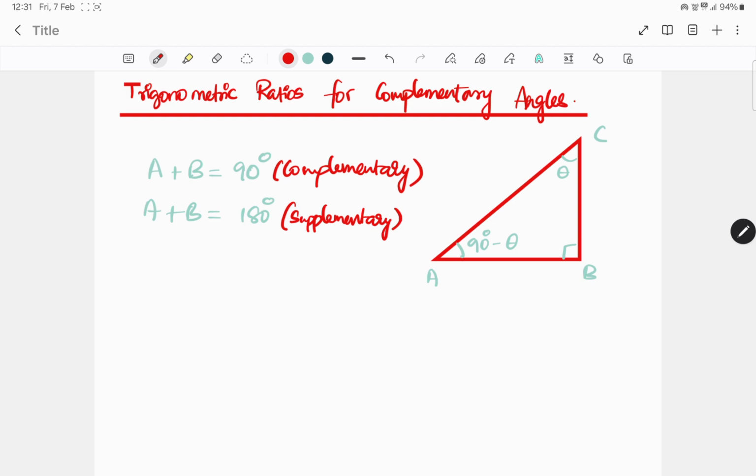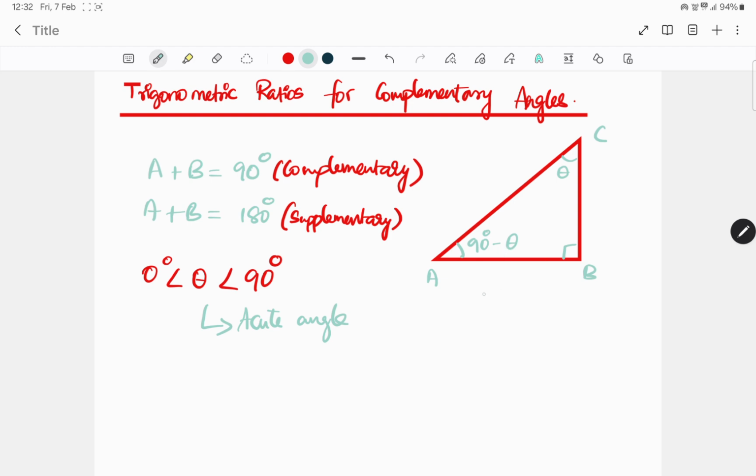In the previous classes we have learned about acute angles and obtuse angles, right? When the angle is greater than 0 degree and less than 90 degree, it is called an acute angle. In this right angle triangle, if we mark this angle as theta, then definitely the remaining angle will be 90 degree minus theta.